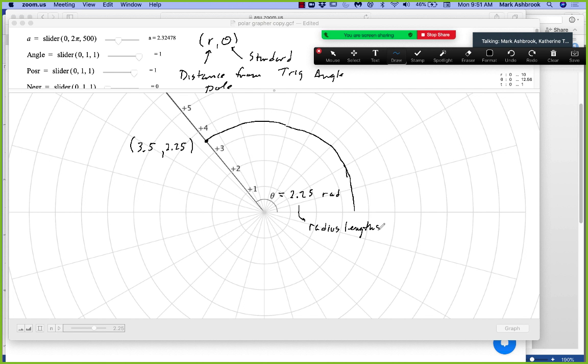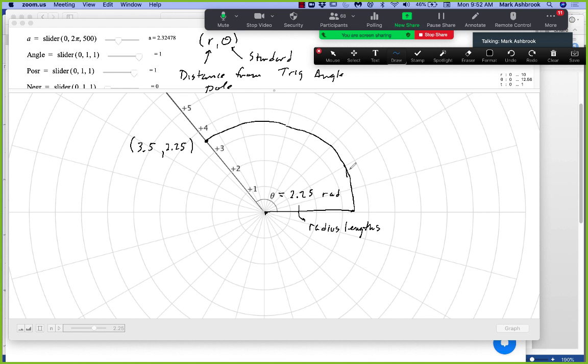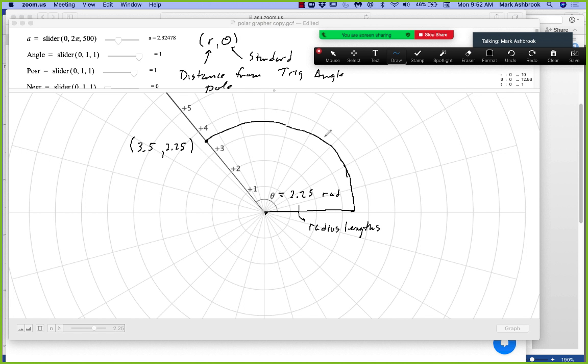2.25 radius lengths. Circle. Yeah. So if my radius is 3.5, here's my radius right here of 3.5 from the pole. If I take that radius of 3.5 and I start wrapping it on the circle with radius 3.5, my first time, so the first radius length, this is one radius length from here to here.